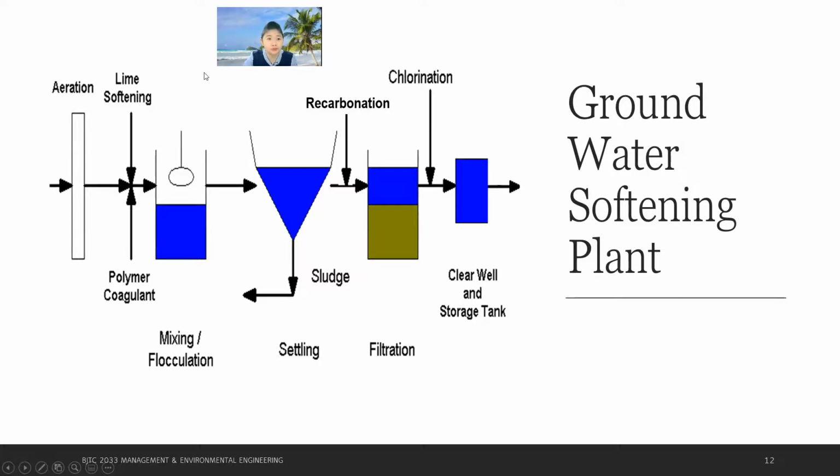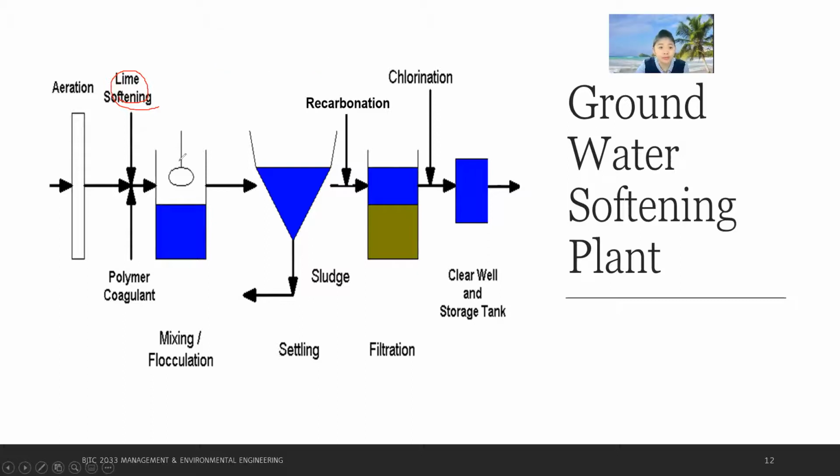As I mentioned to you, let me take my pencil. Here is the softening part. We use lime as the softening process, and then we also add in the coagulants.